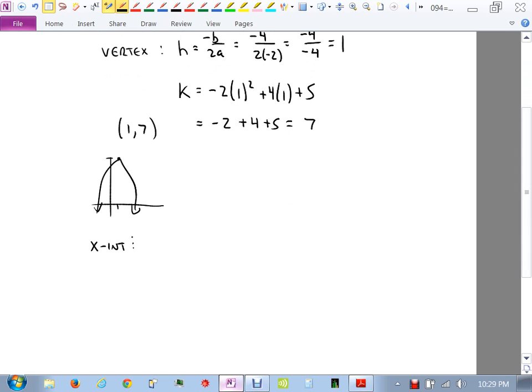To find the x-intercepts, I have to set y equal to 0, which leaves me with this quadratic equation. And I believe the only way to solve this would be with the quadratic formula.